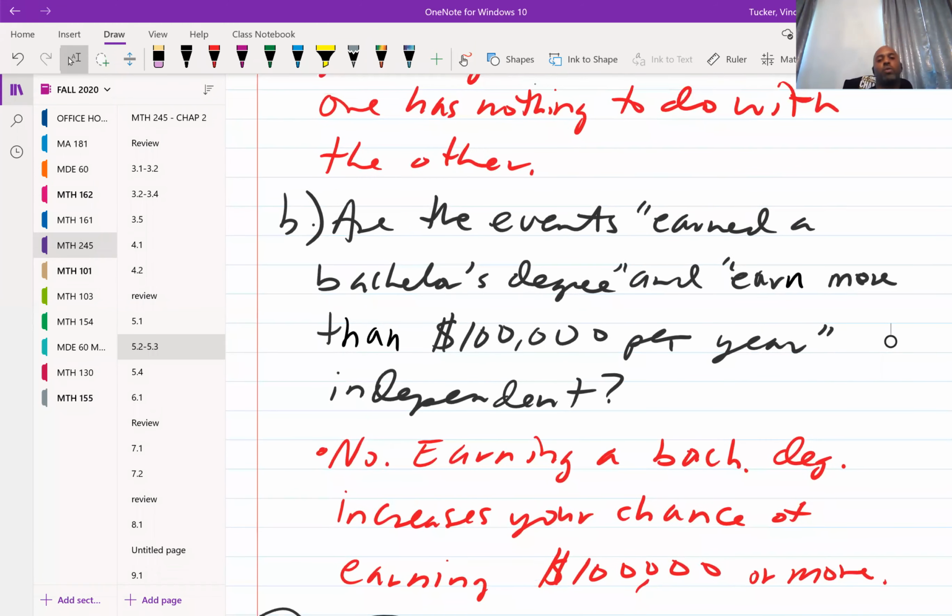All right, so no, they are not independent because earning a bachelor's degree increases your chances of earning $100,000 or more. Now, it doesn't make a guarantee, of course. We're talking about increasing your chances or increasing the probability that you may make $100,000 or more.